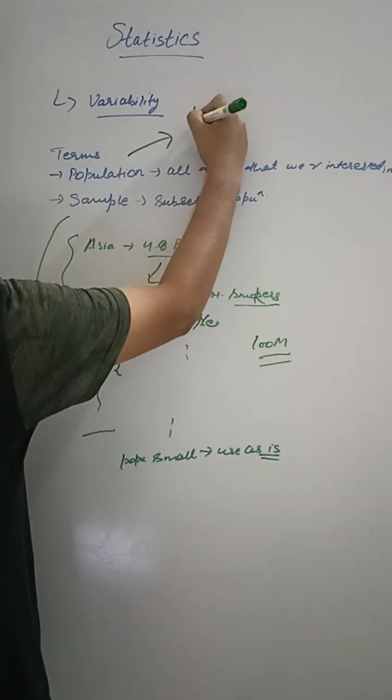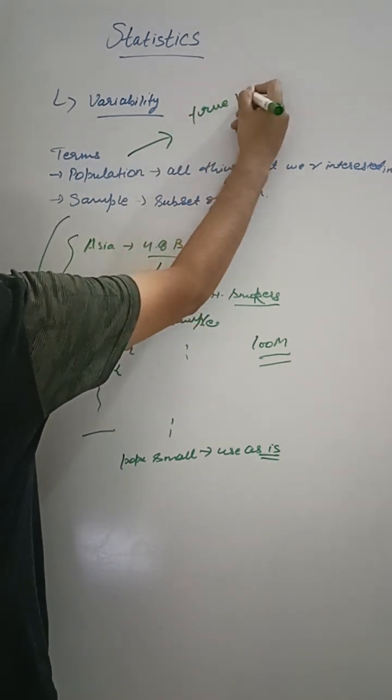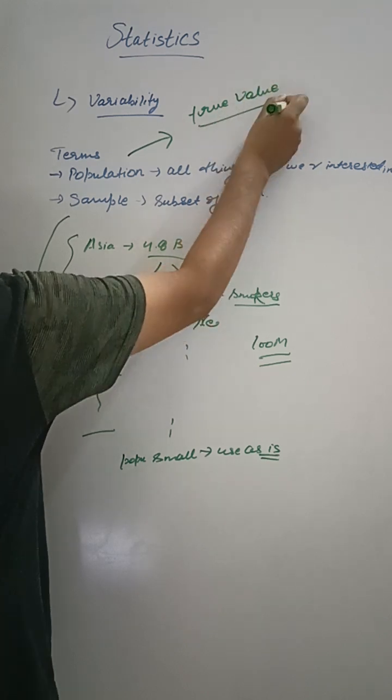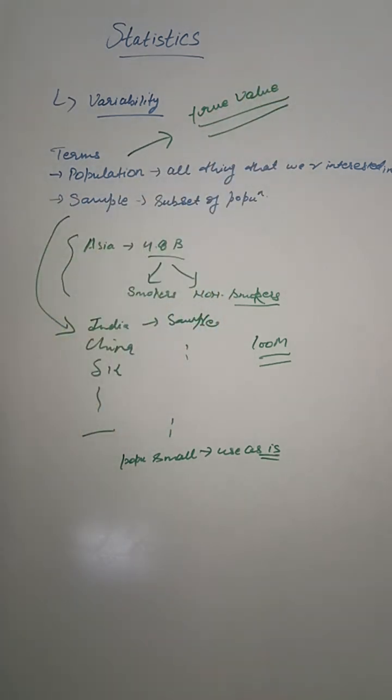Population will always represent the true value, but due to the challenges with respect to the size of the data in the population, we always prefer going with the sample. There is a slight difference in the formulas when we have to do the statistics with respect to the population or the sample, and they vary. In the upcoming videos, we are going to talk about those as well.